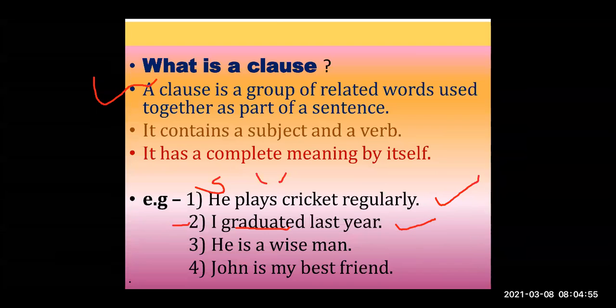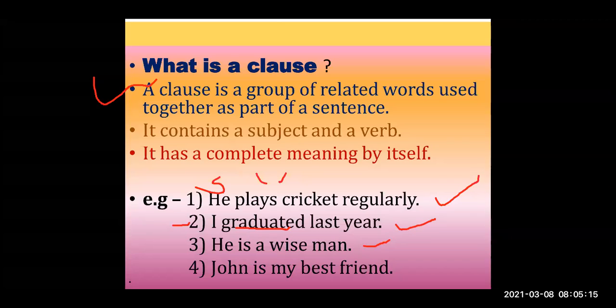Third example, he is a wise man. Again, there is a subject plus verb combination. He is the subject, is is the verb. It has a complete meaning and it is a group of words also. So, he is a wise man.